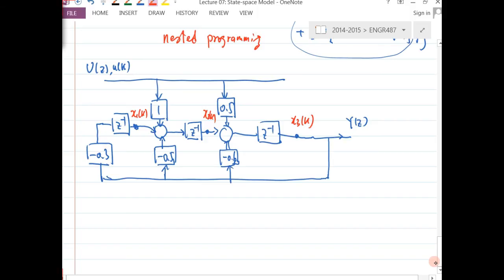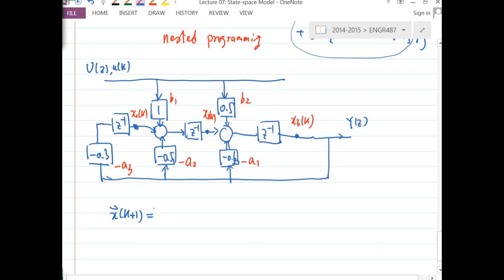Before we build the state model, I use the coefficients: this is my b1, this is my b2, this is negative a1, negative a2, and negative a3. If you build our model here, we're going to end up with x of k plus 1.